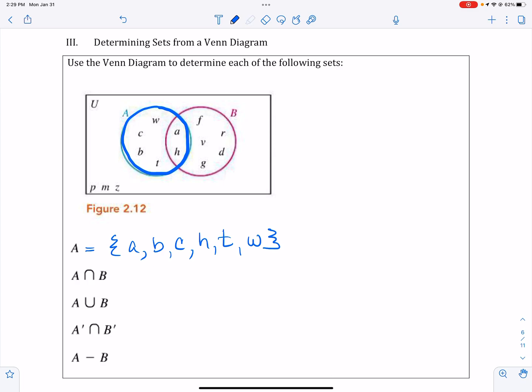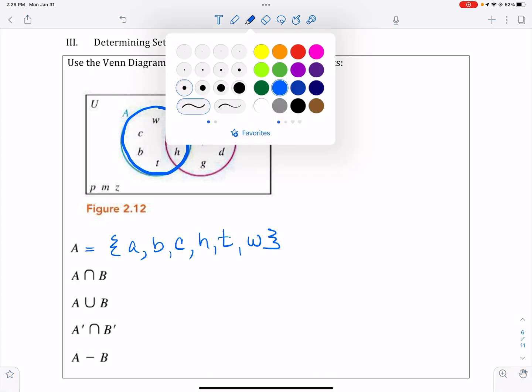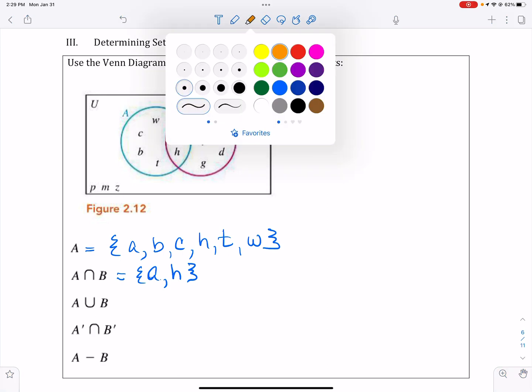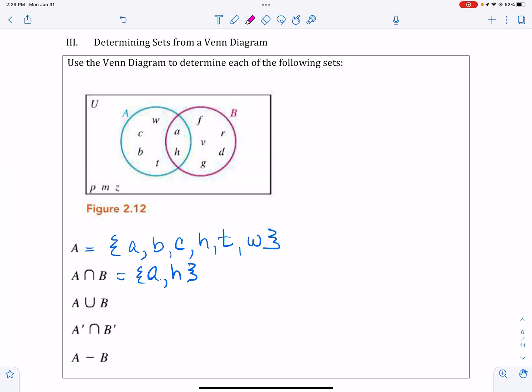Now, if I'm looking for the intersection of A and B, I am focusing on this area right here. The intersection of A and B is what A and B have in common, which is A, H. Then, if I'm looking at the union, it is going to be everything in both circles.